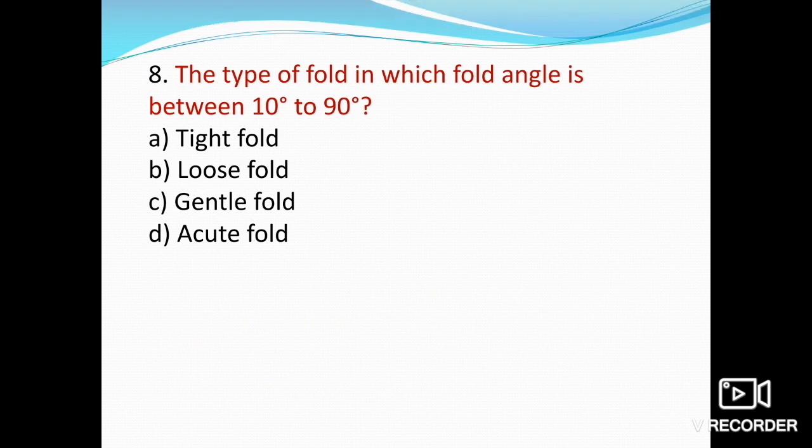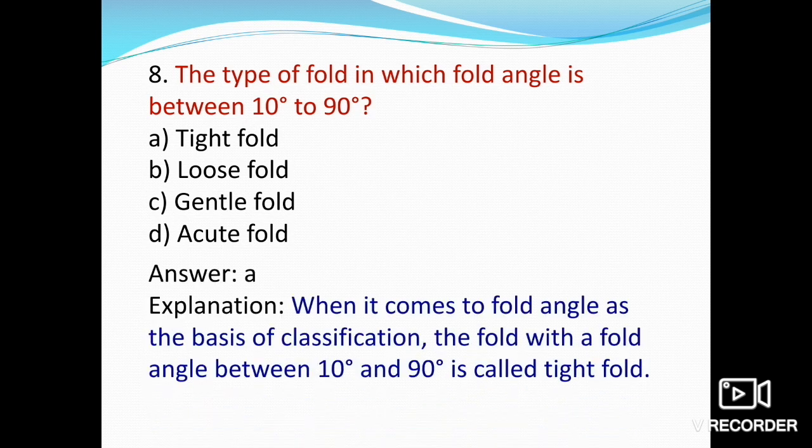The type of fold in which the fold angle is between 10 degrees to 90 degrees. The classification of folds is done on many bases. Somewhere it is done on the basis of the axial plane, or on the basis of its symmetry, or on the basis of the angle. So this particular question is based on the classification of folds on the basis of their angle. So tight fold, loose fold, gentle fold, or acute fold. So the type of fold in which the fold angle is between 10 to 90 degrees, that is the tight fold.